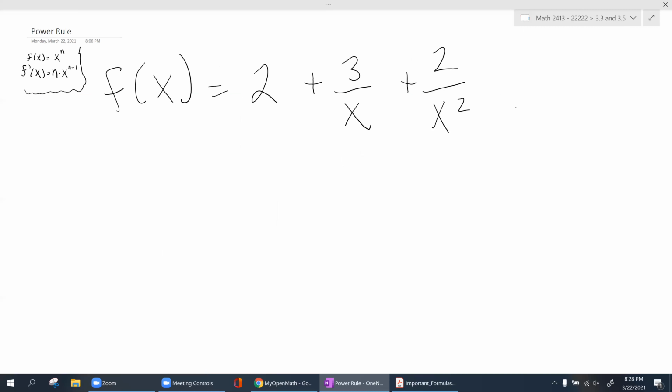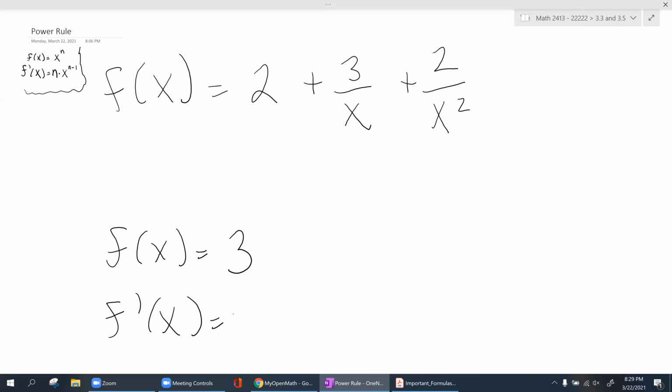One thing I wanted to say is, if you're dealing with numbers that do not have x's, so let's just say a 3, 3 doesn't have an x. If you were to derive this with respect to x, the derivative of that is always going to be 0.